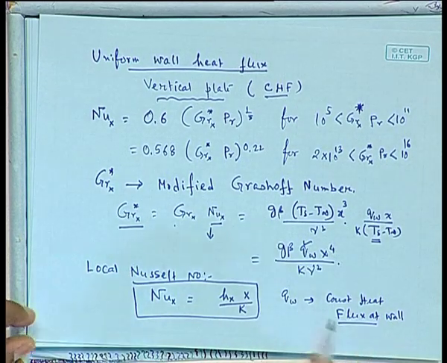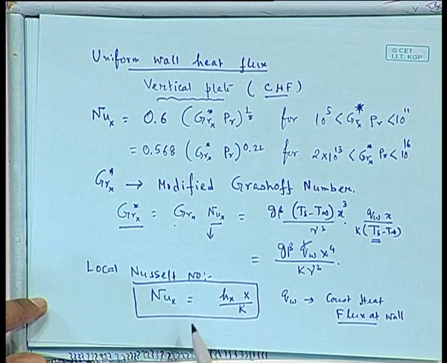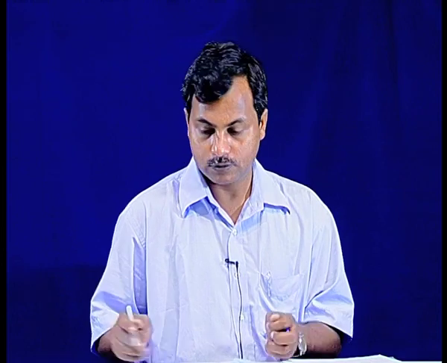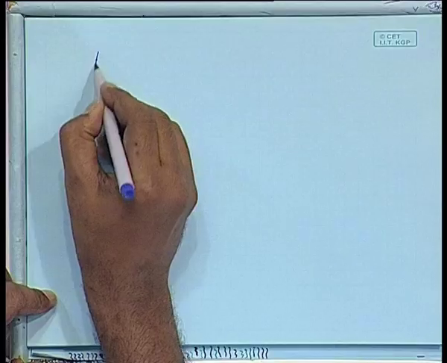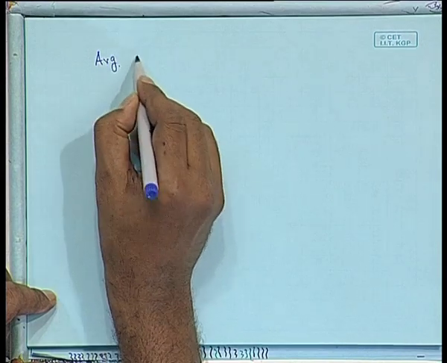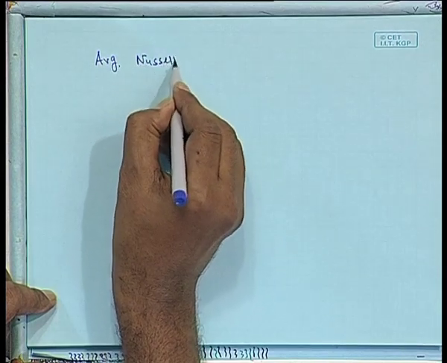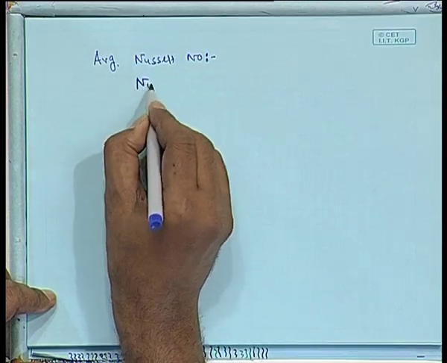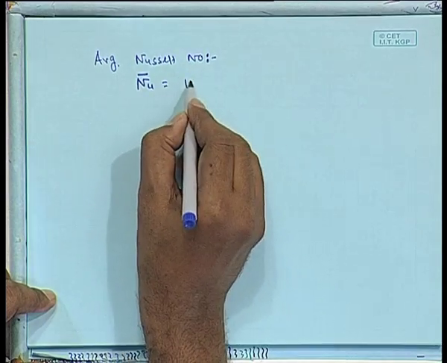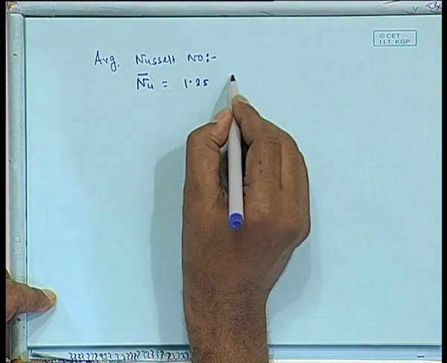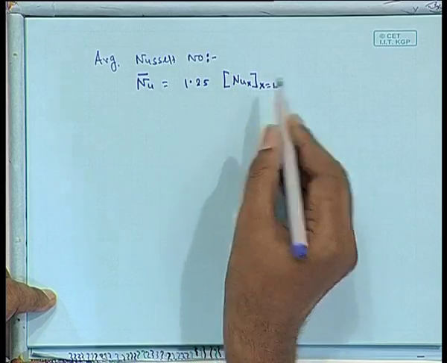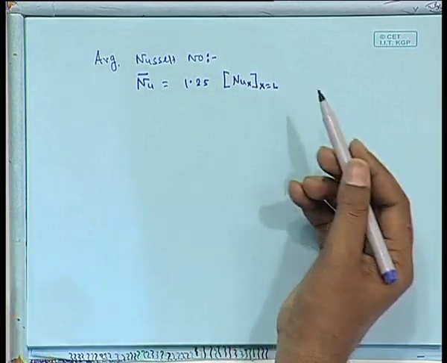Okay. And once you get the local Nusselt number, you can find out the length average Nusselt number by doing an integration over the length. Average Nusselt number is 1.25 Nu_x evaluated at x equal to L. It is presented in this form.